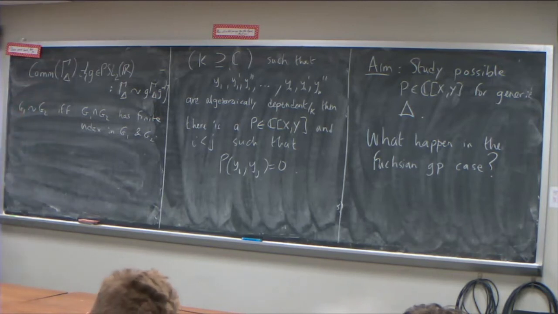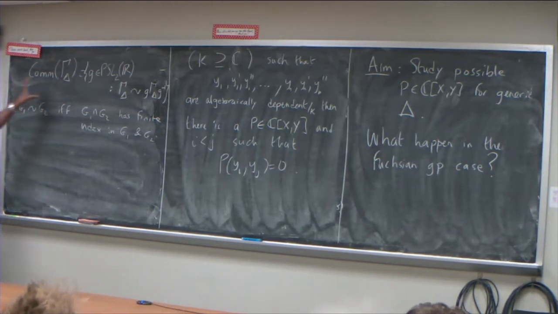Okay, so if I give you a triangle, those are the Fuchsian triangles, where this is a hyperbolic triangle, then there's the idea of a commensurator. And what does that do?